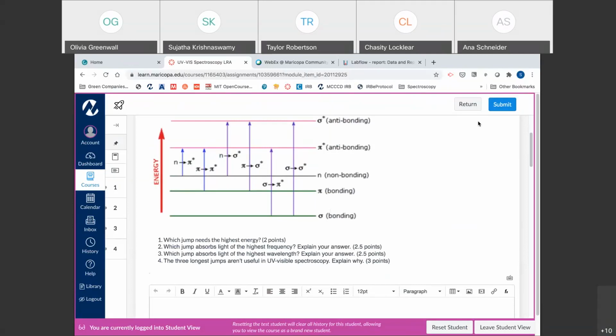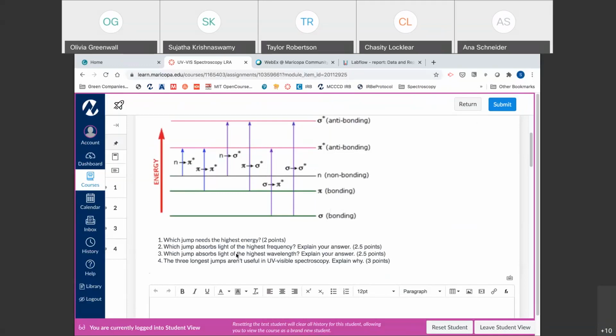So this delta E of sigma to sigma star should match any of the wavelengths in the UV-Vis region, which is 200 to 800 nanometers. But if the energy is so high that the wavelength is smaller than 200 nanometers, you cannot study it using ultraviolet-visible spectroscopy.